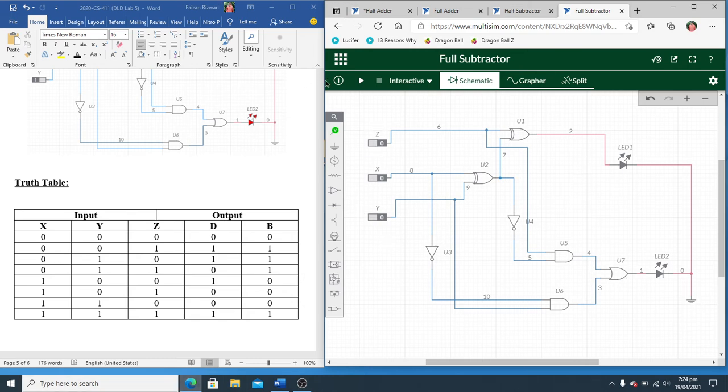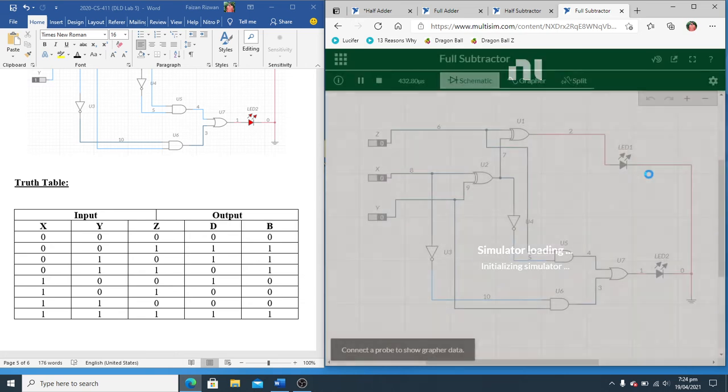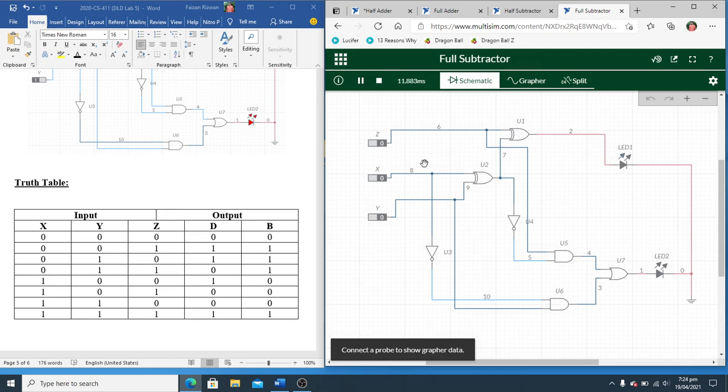When all of the inputs are 0, then both of the outputs D and B are 0. When Z is 1, then D is 1 and B is also 1. When Y is 1, then again both of the LEDs D and B are 1.